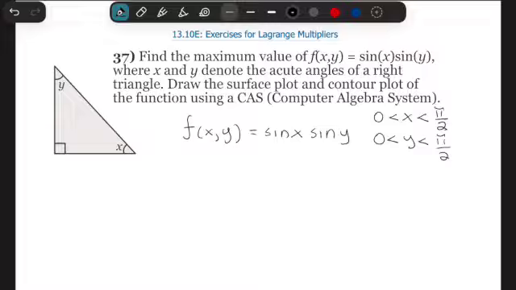And this is because they are acute angles of a right triangle. So step 1, let's just get all of our partials out of the way. So f sub x of x, y equals cosine x sine y.